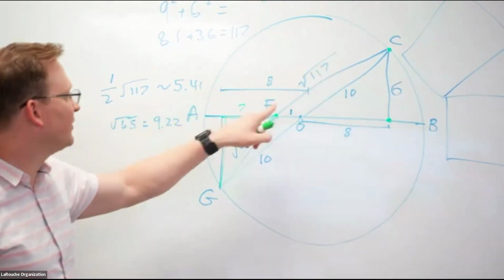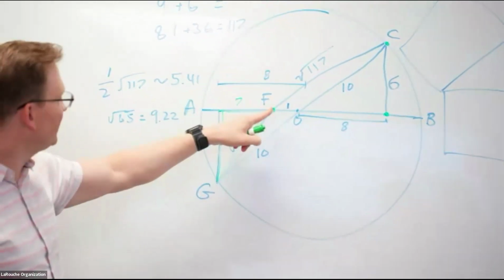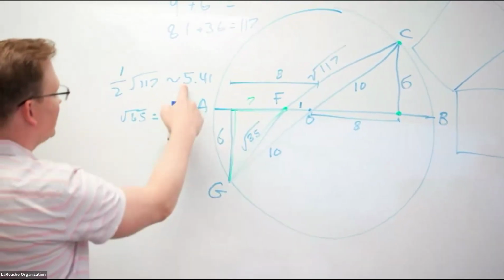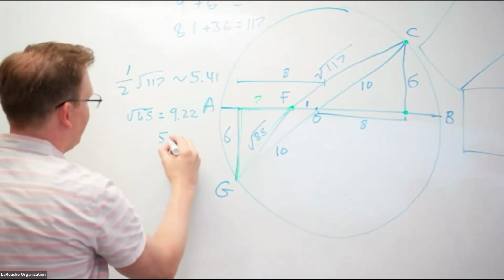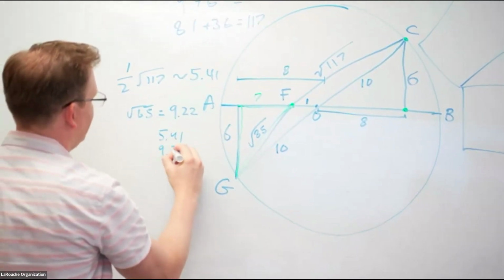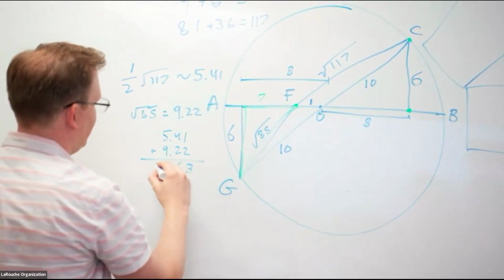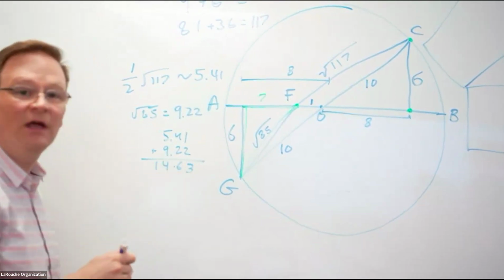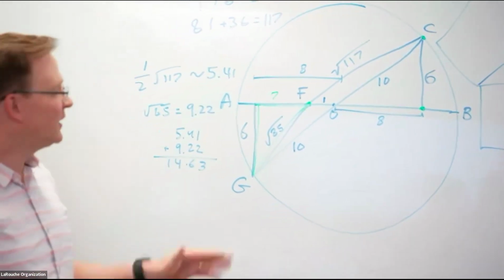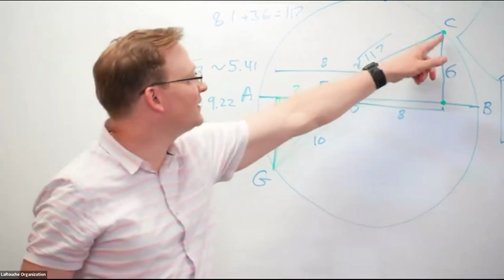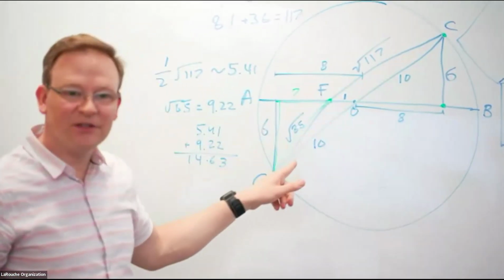So half of the square root of 117 plus square root of 85, we add these two numbers. 14.63. So that's less than 15, isn't it?